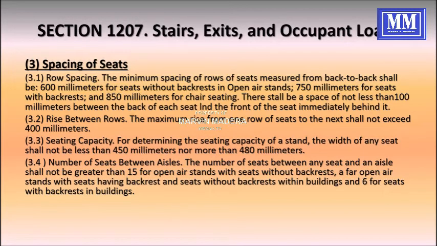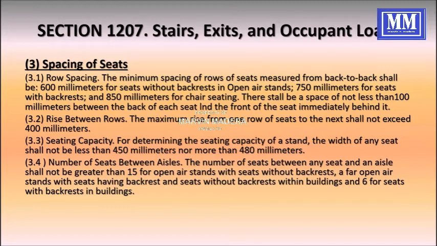Rise between rows. The maximum rise from one row of seats to the next shall not exceed 400 millimeters. The seating capacity. For determining the seating capacity, the width of any seat shall not be less than 450 millimeters nor more than 480 millimeters.